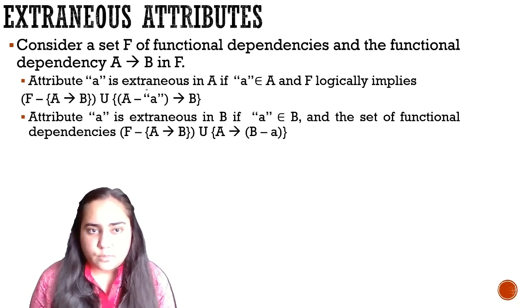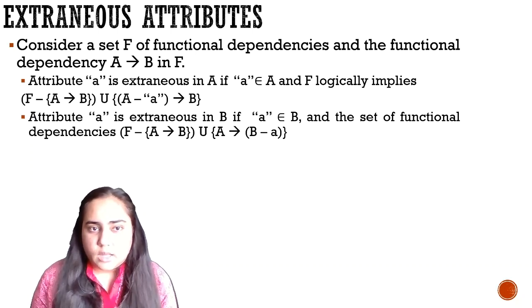Let's say that I can subtract this attribute from the set A. So I'm subtracting this small a attribute from set A. And after doing that, I'm just writing the dependency as it is. I'm just removing one attribute from the left side and writing the dependency as it is.